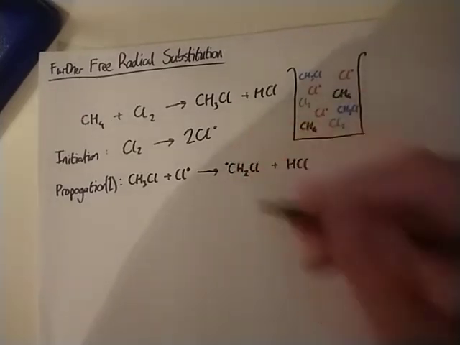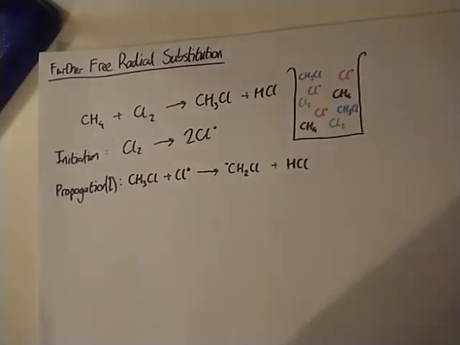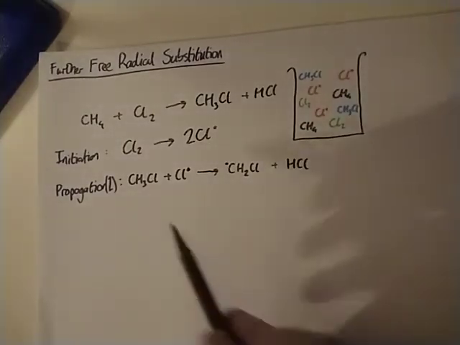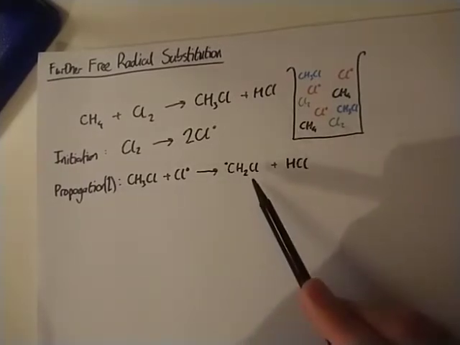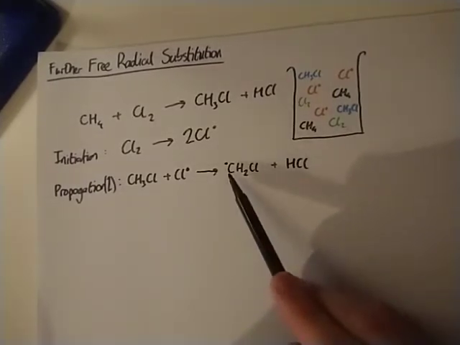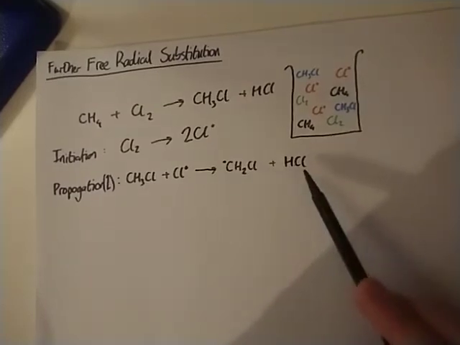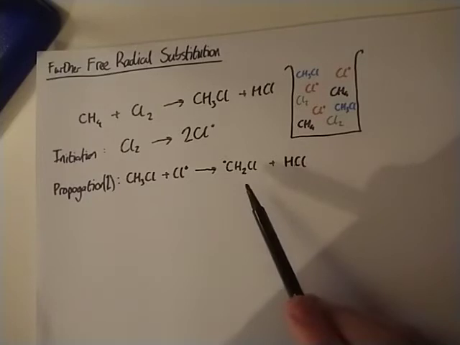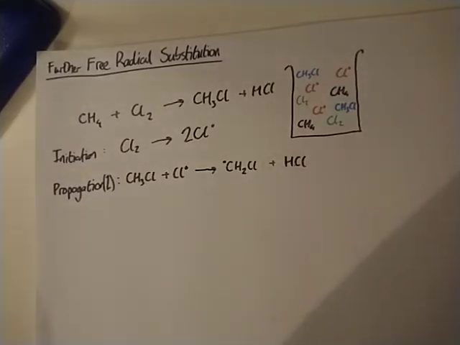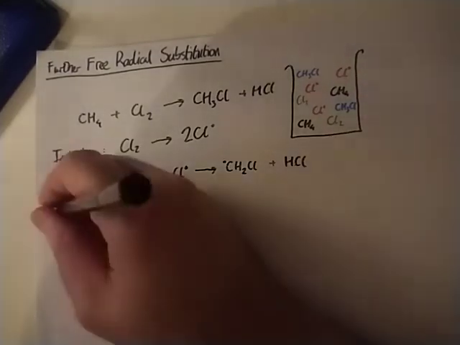And we put a dot on the carbon because that's where the unpaired electron is, so that's the radical. So if you think back to normal free radical substitution, we had methane plus Cl. It went down to CH3. We just removed one of the hydrogens and turned it into a radical. And the hydrogen went off with the chlorine. Same thing's happened here. The number of hydrogens has gone down from 3 to 2. So exactly the same pattern, exactly the same steps are happening, just with now slightly more complicated looking molecules.